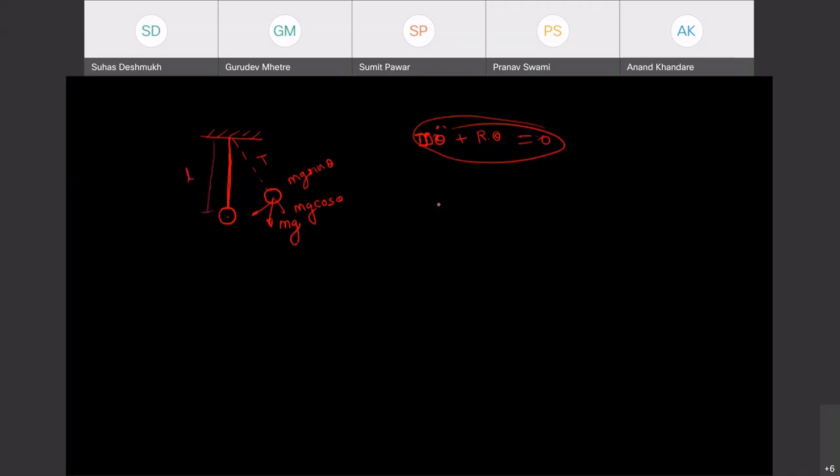So I theta double dot plus mg sine theta, which is my restoring force, because restoring force means it is bringing this bob to the equilibrium position, into length. That is the inertia, which I can represent as ml square because the mass is concentrated at this distance. And finally I'll get the equation theta double dot plus g by L sine theta equals 0.